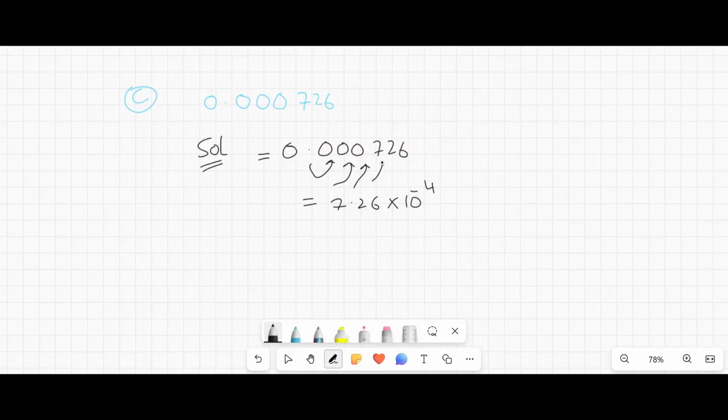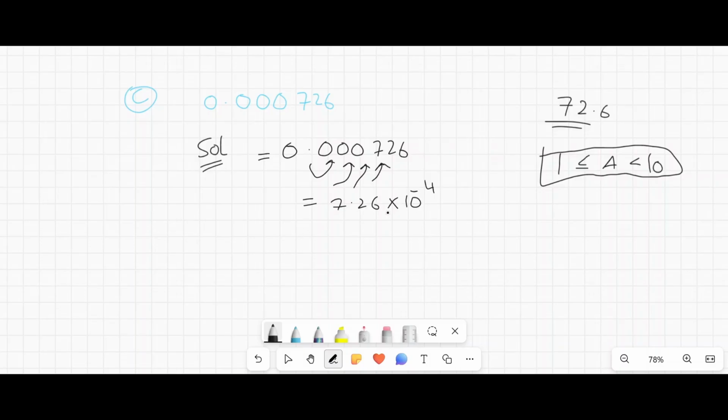We will not move the decimal to get 72.6. No, 72.6 is not between 1 and 10. Sorry, a must be greater than or equal to 1 and less than 10.